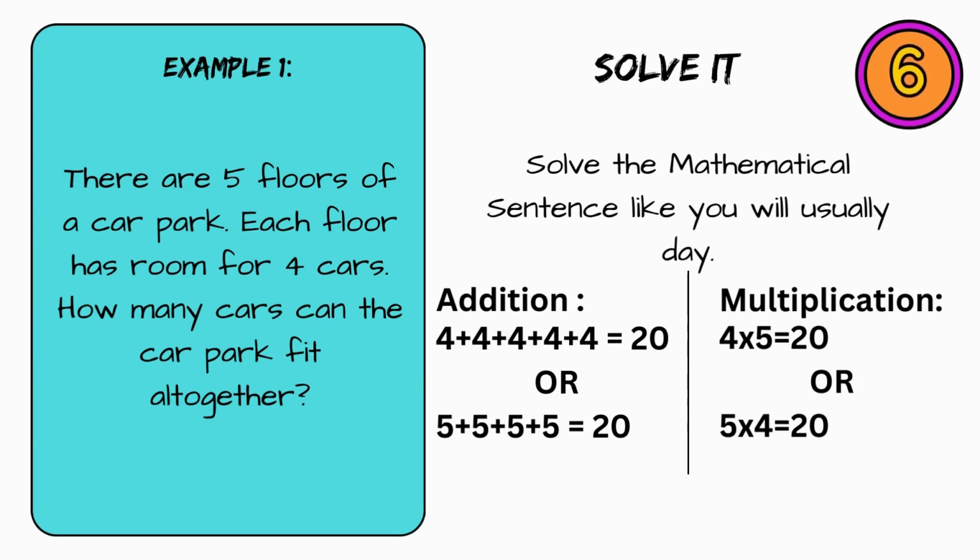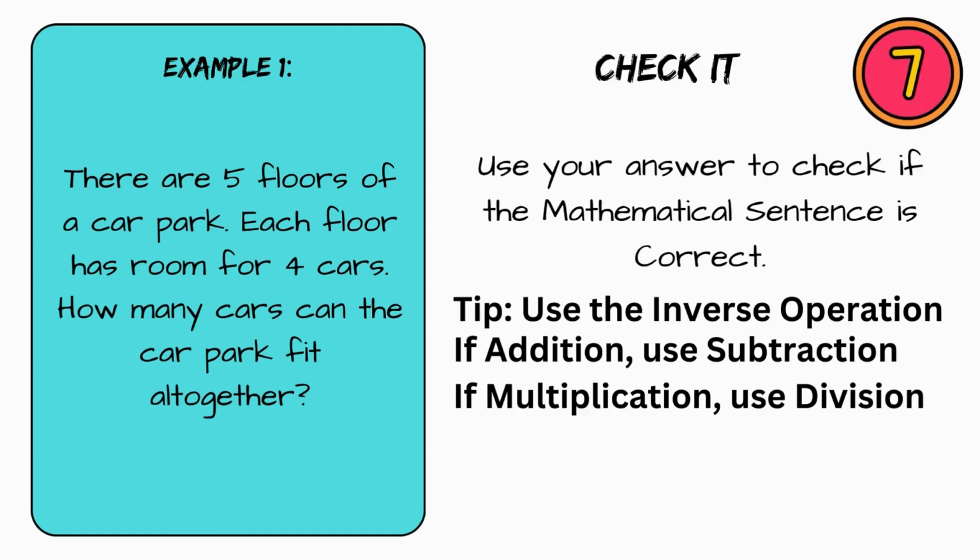We don't know yet, so 4 plus 4 plus 4 plus 4 plus 4 is equal to 20. This is in the addition area. Or 5 plus 5 plus 5 plus 5 equals 20. Then if we do multiplication, it is 4 times 5 equals 20, or 5 times 4 equals 20.